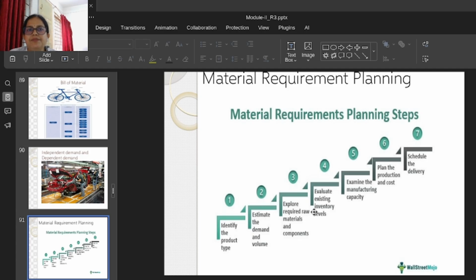Evaluate the existing inventory. We need to check the inventory or stock level of the organization. Then examine the manufacturing capacity. We need to see how much capacity we have and how much we can produce. Plan the production and cost. Then schedule the delivery. So these are the steps we need to follow in material requirement planning.